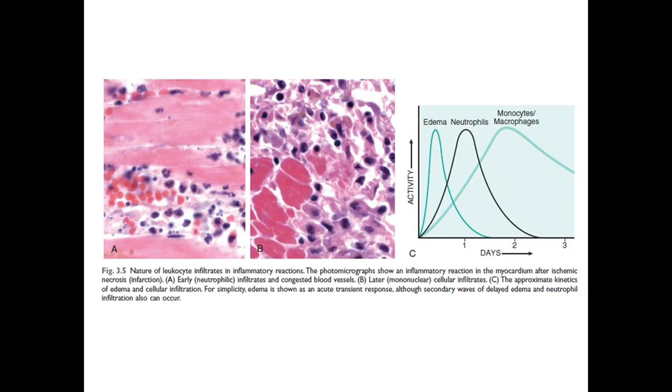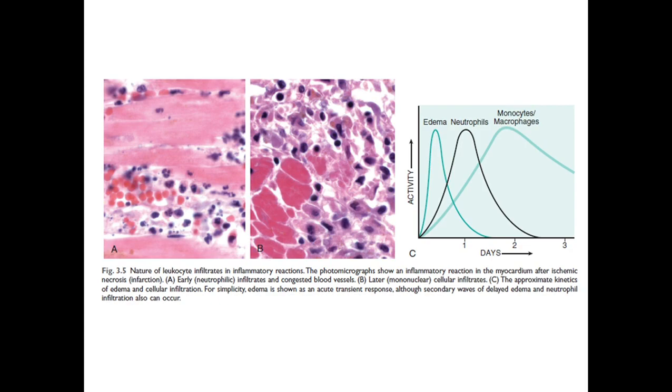Here we have a photomicrograph showing an inflammatory reaction in the myocardium after ischemic necrosis or infarction. A represents early neutrophilic infiltration. You notice here the neutrophils, containing polymorphonuclear leukocyte nuclei, whose nuclei are lobulated. The cells contain three- and four-lobed nuclei, which represent the neutrophils infiltrating a congested blood vessel, early neutrophilic infiltration within the congested blood vessel.